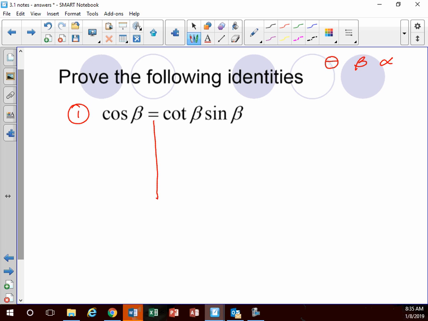So the first one here, the left side, there's not a lot to do because it's just cosine. But on the right side, is there a substitution I could use for cotangent? Cosine over sine, yes. So this is going to be cosine of beta over sine of beta. And then this just means times sine of beta, like it's just next to it, so it's multiplication.